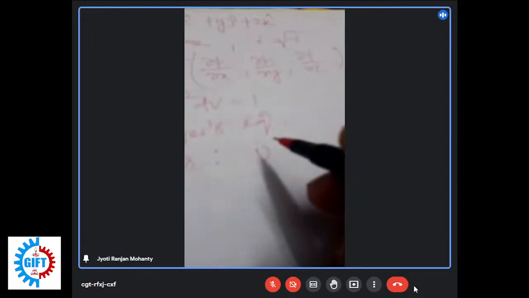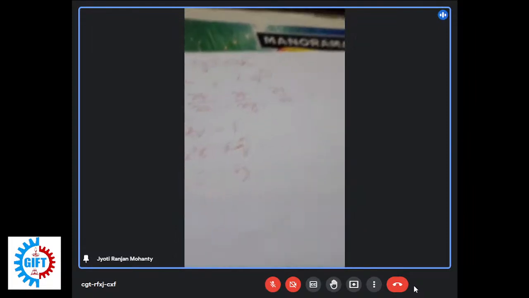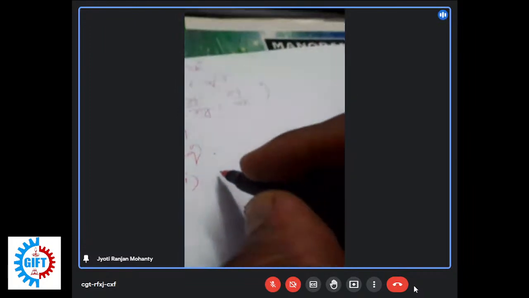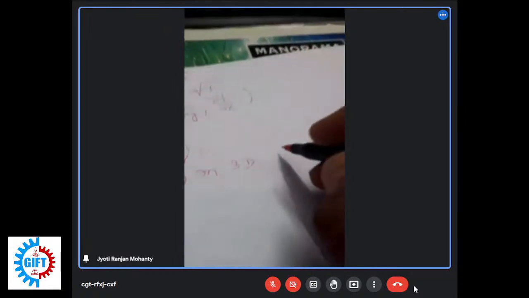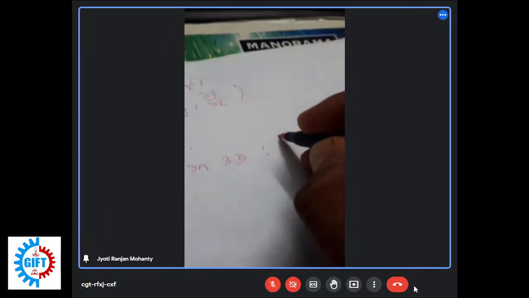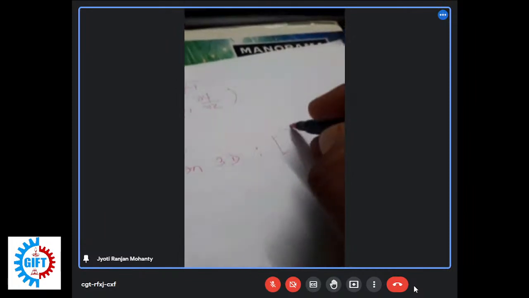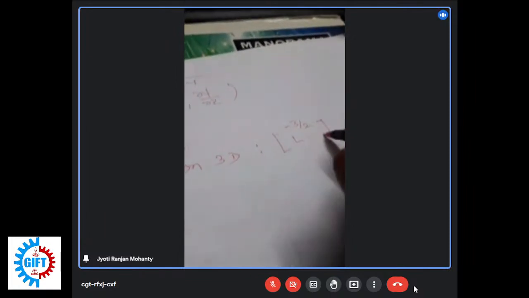The powers of the physical quantity are known as the dimension. So here the dimension in 3 dimension is L power minus 3 by 2.